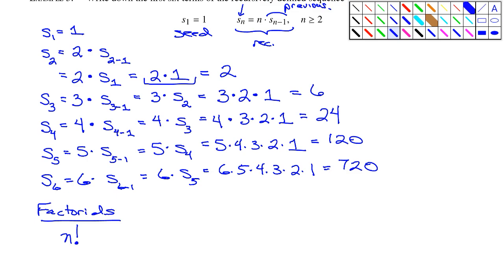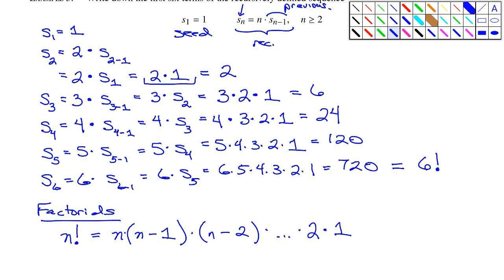So that is read as n factorial, and that is equal to n times n minus 1 times n minus 2 times dot dot dot, and you multiply the integer n times the number less than it, n minus 1, times the number less than that, n minus 2, and you go all the way back down until you get to times 2 times 1. And those are the factorial numbers. So for example, this last one, 720, S sub 6, is the equivalent of 6 factorial.